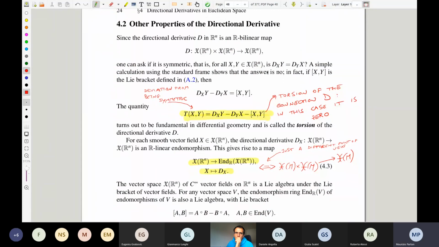Now, two properties of the directional derivative, two objects associated to the directional derivative. If you look at this directional derivative in local coordinates, what happens?